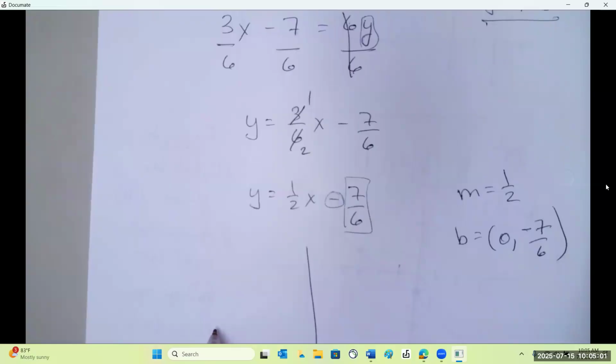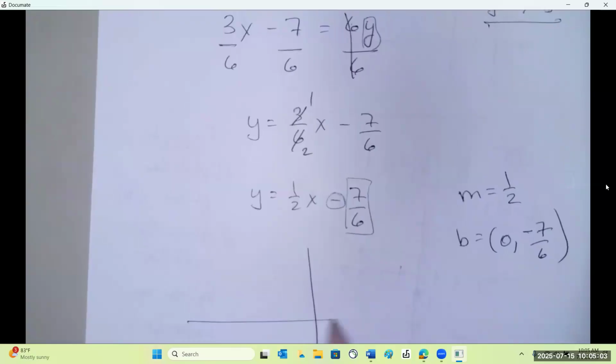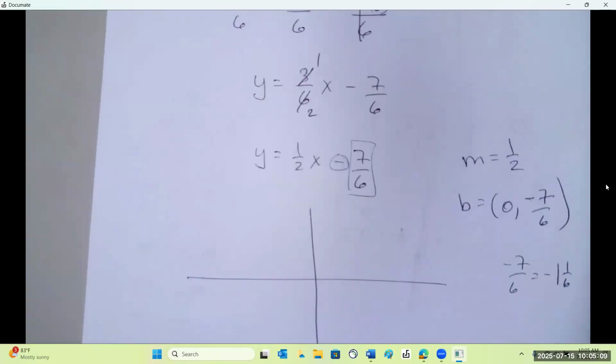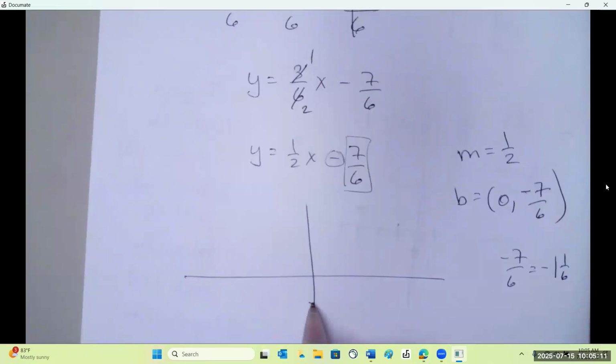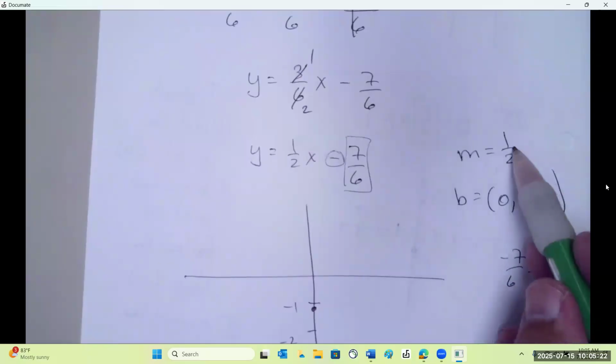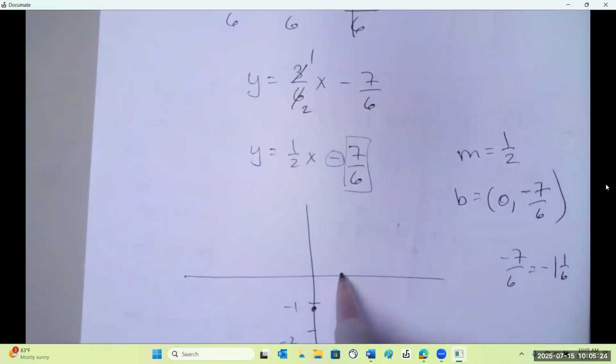So if we were to graph this, negative 7 over 6 is about the same as negative 1 and 1/6. So it'd be somewhere there. That's my y-intercept. Then I follow the slope. I go up 1, which is here, and then over 2. Then it connects the dots.